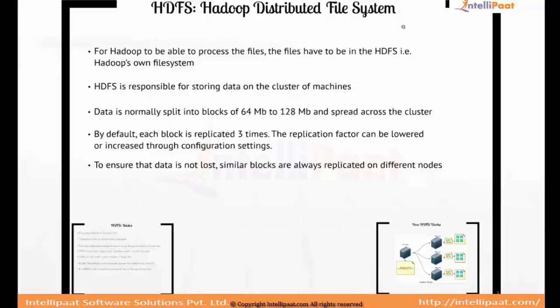Data is normally split into blocks of 64 or 128 MB and spread across the cluster. By default, each block is replicated 3 times and it's configurable. Now, logically, to ensure data is not lost, similar blocks are always replicated on different machines. Why would you replicate the same block on the same machine? Why would you take a backup of your laptop?